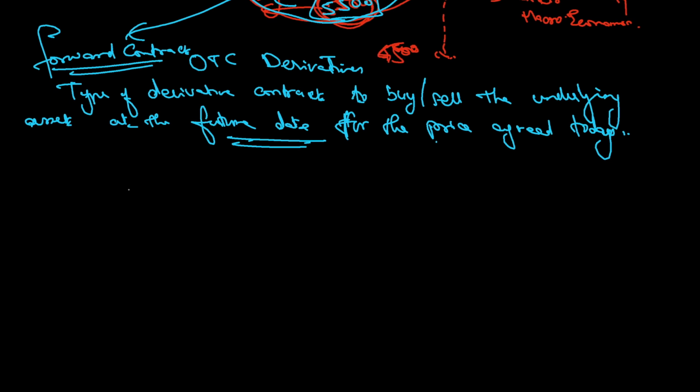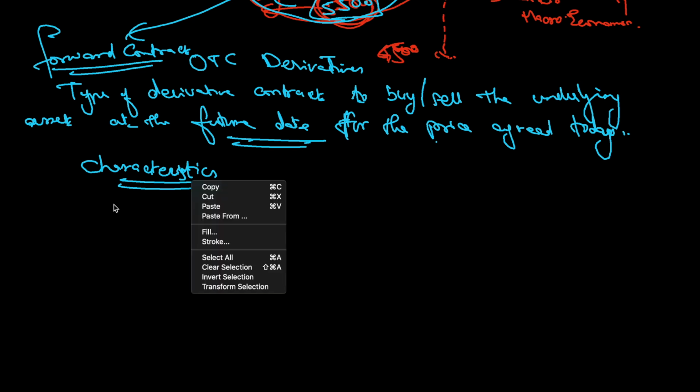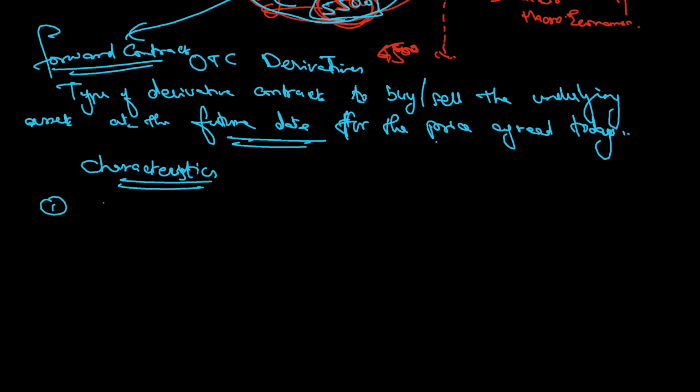Now, what are the characteristics of a forward contract? Number one, it is an over the counter derivative, or privately negotiated derivative.